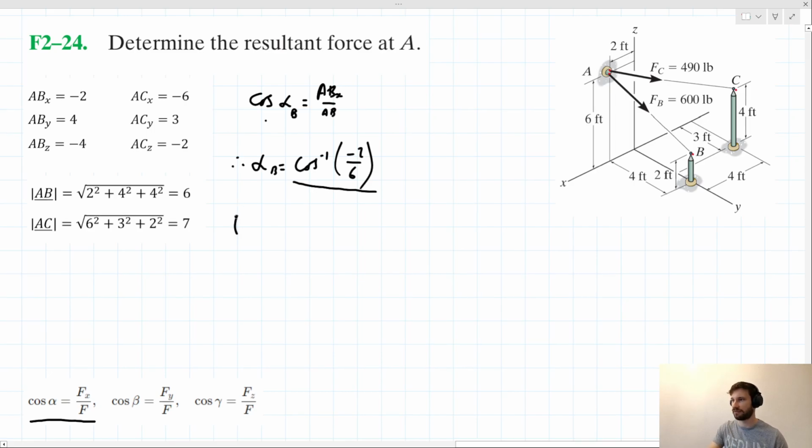So we can say Fx here is equal to F cos of alpha, which is equal to Fx,B equals FB cos of alpha B, which is equal to, in this case, 600 times, to write this out fully, the cos of the inverse cos of minus 2 over 6.